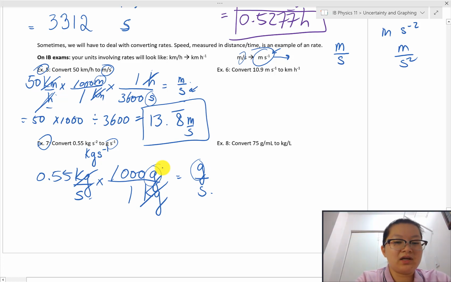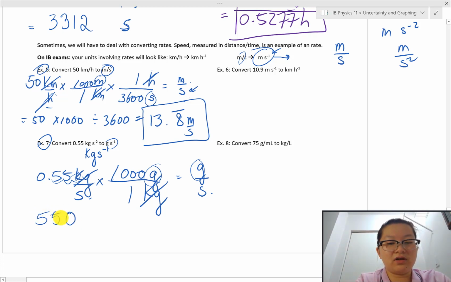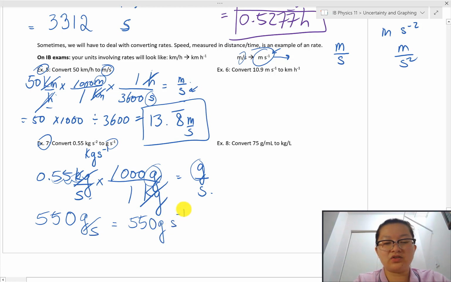We proceed as 0.55 times 1,000. That's moving the decimal place to the right 3 times: 1, 2, 3. So that is 550 grams per second. And if I want to write that in the notation in the question, 550 grams second to the -1.